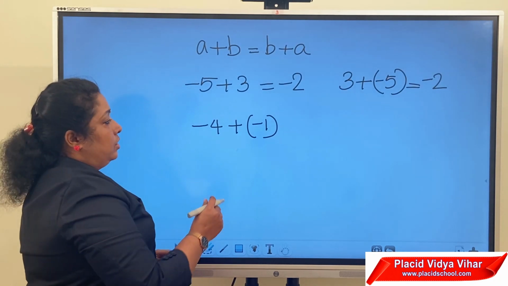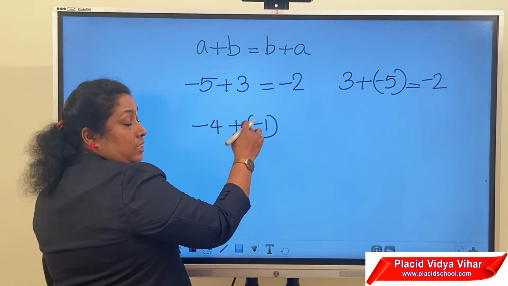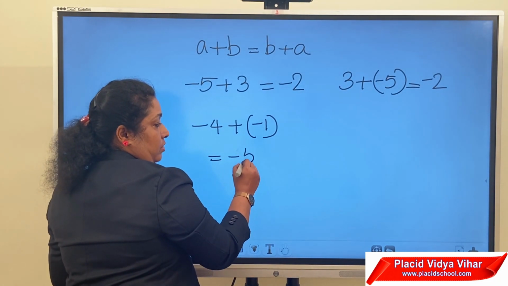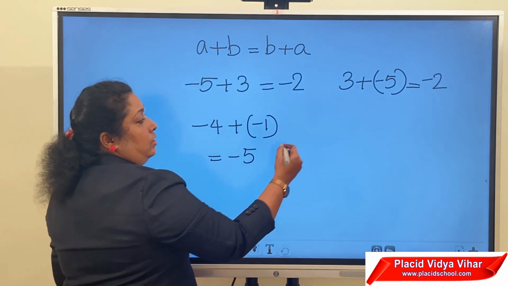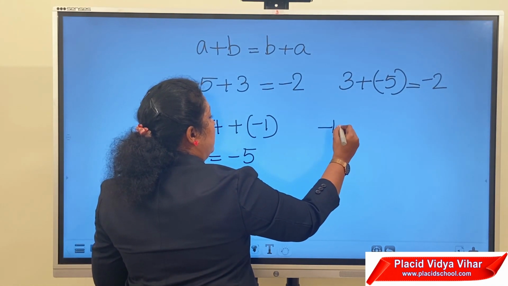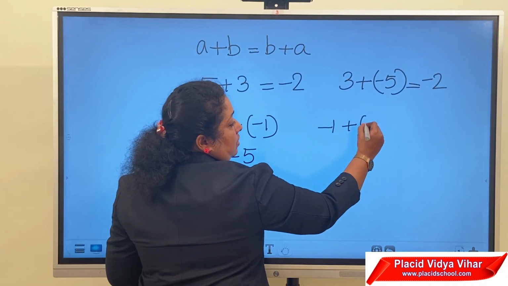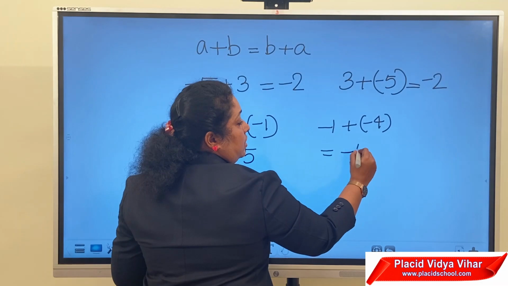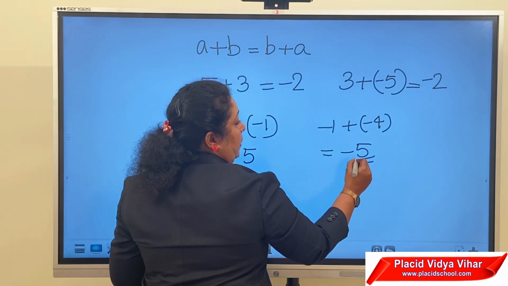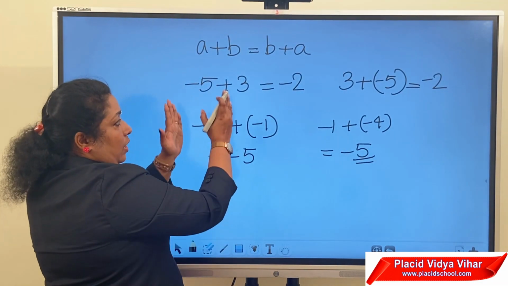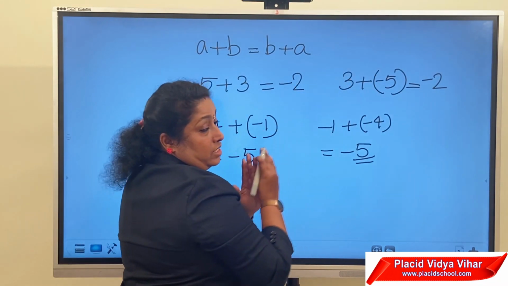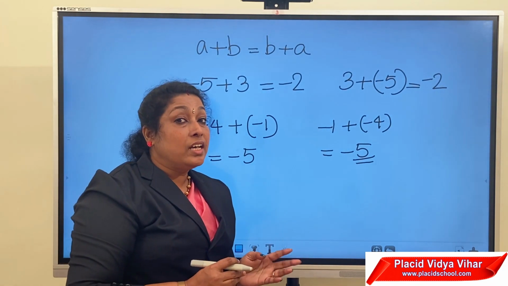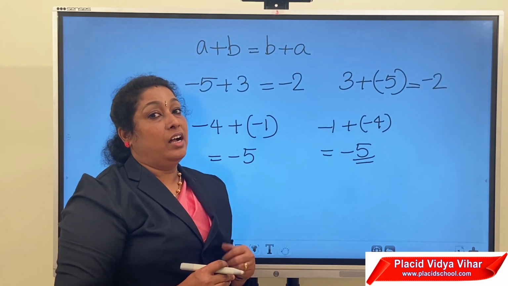In this question, negative 4 plus negative 1. The answer is negative 5. Check the reverse order. Negative 1 plus negative 4. Here also the answer is negative 5. So in these two cases, a plus b's answer and b plus a's answer are both the same. So we can say integers are commutative under addition.